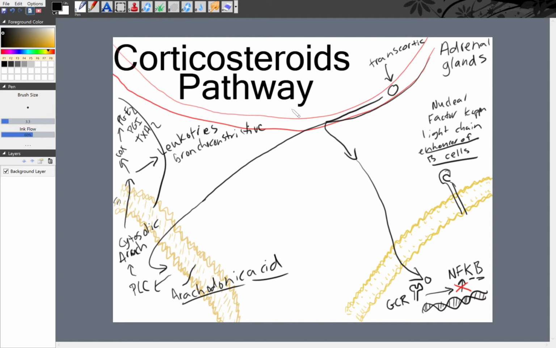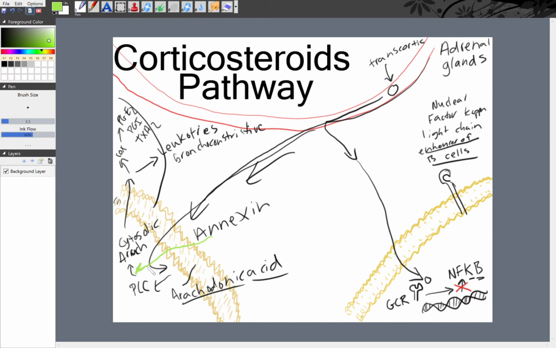So what winds up happening is when this transcortin molecule comes down into this cell, because it's lipid soluble, it goes right into the cell, and it produces this molecule called annexin. And annexin, I know this is terrible and not easy to read, is going to inhibit the phospholipase.